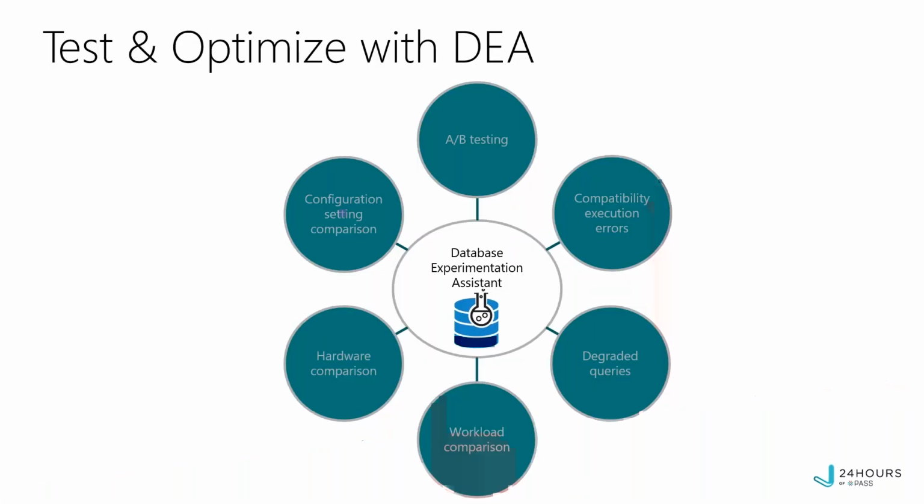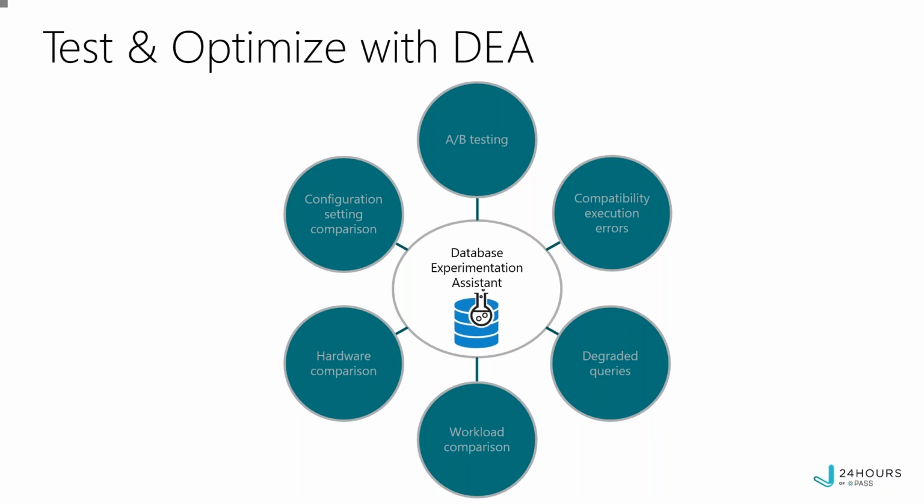One of the tools that you can use to help with this piece of the process is called the Database Experimentation Assistant. The Database Experimentation Assistant allows you to do A/B testing. So you have a workload that you run on the old version of SQL Server, run that same workload on the newer version, and then do some comparison. This can do hardware comparison and workload comparison. It can identify degraded queries.